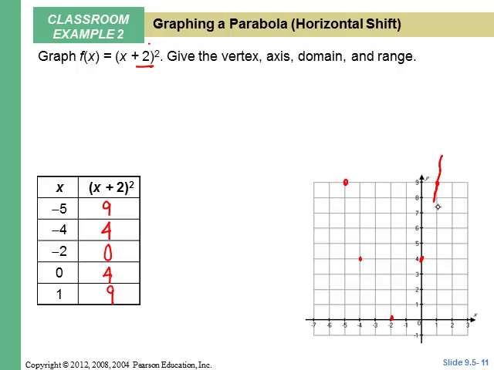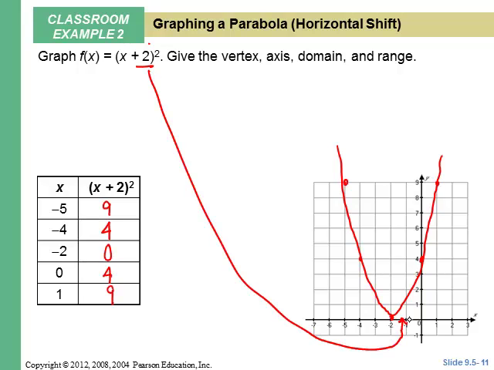So you see how the parabola looks. Now what happened this time is, if you notice, if the number is connected to the x, it's going to shift the x. Now we would expect a positive number to shift it in a positive direction. Why does this shift it in a negative direction?